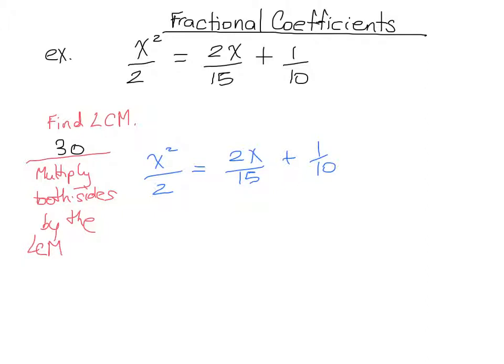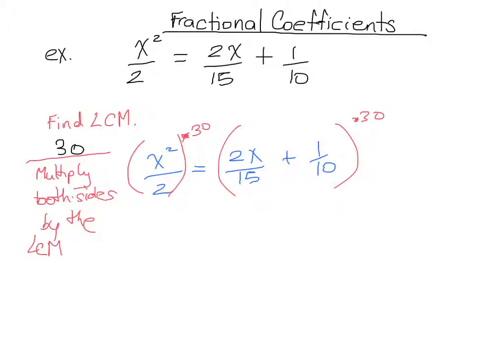Alright, cool. So the LCM is 30, so I'm going to take 30 and multiply that side by 30. That's the multiplication sign. I'm going to take that side and also multiply it by 30. The reason that we're multiplying by 30 is because we want to get the fractions gone. Alright, and that will take care of that.